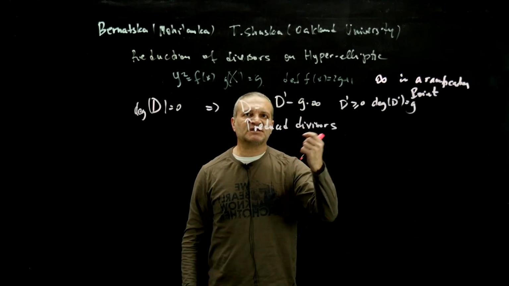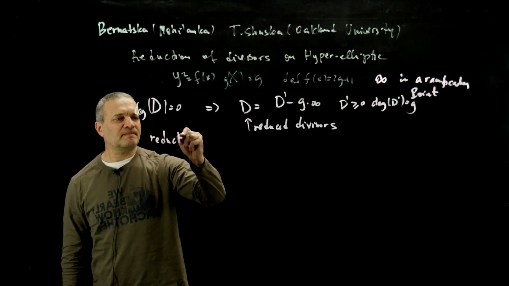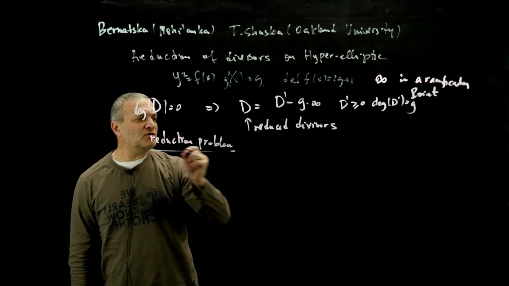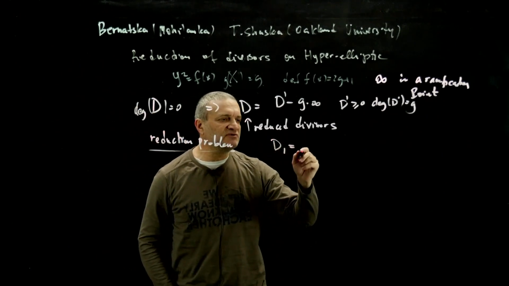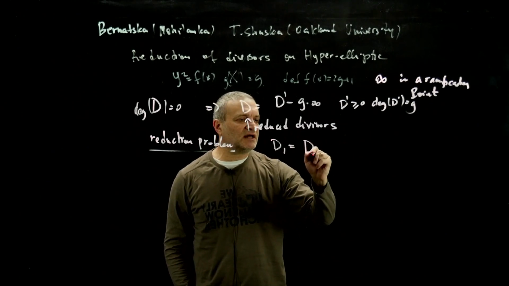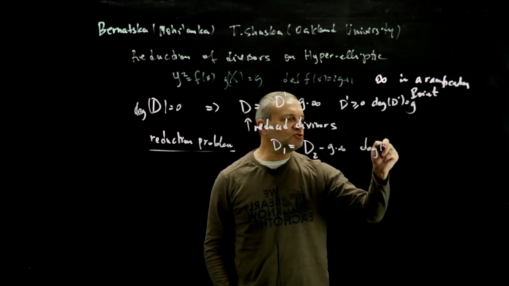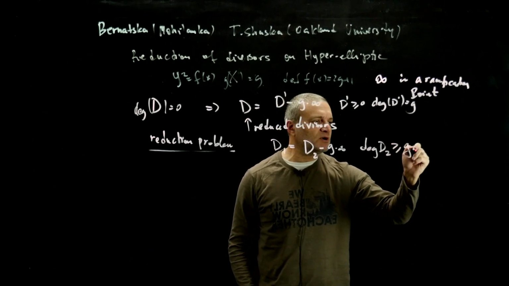So the reduction problem is: say you have a divisor D1 given by the following form, D2 minus g times infinity, where the degree of D2 is greater than or equal to g plus 1.